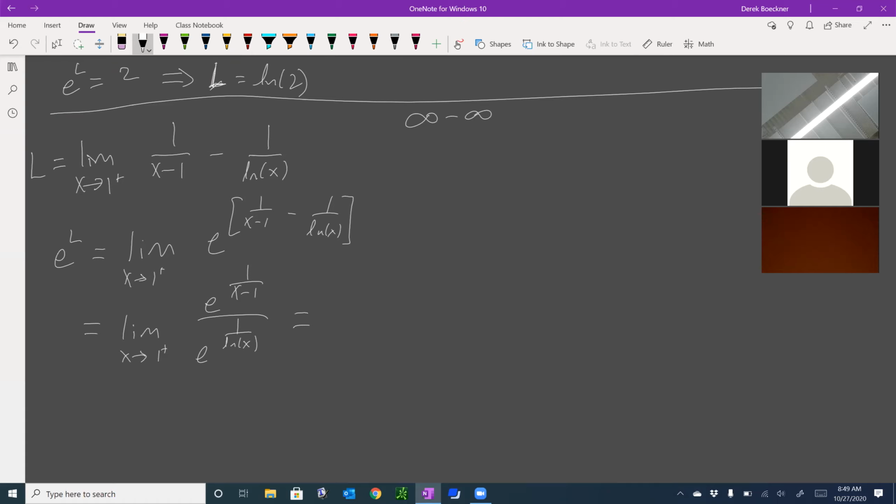Now this might be more complicated than it needs to be. There might be a better way to do this one too. We're just going to do a lot of techniques until we find things. Okay, so L'Hôpital's rule says we're going to take the derivative of the top, derivative of the bottom.